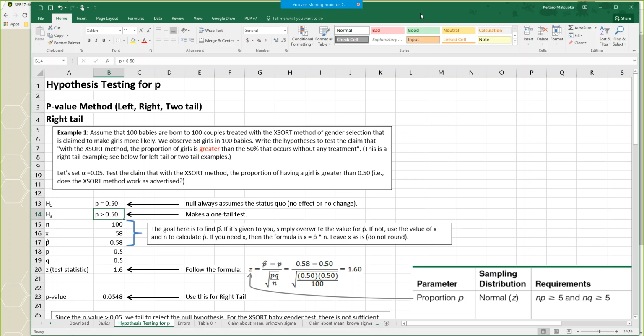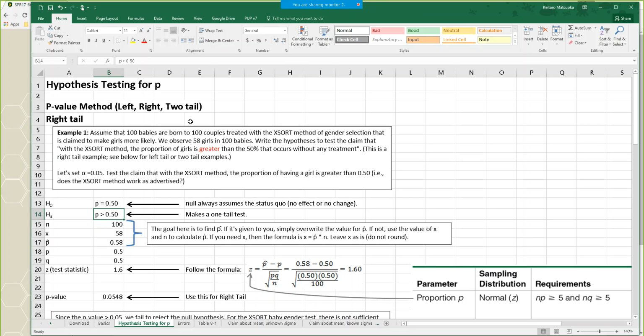In addition, this spreadsheet will cover the left tail scenario, right tail scenario, and two tail scenario. So your job is to find the right tab and then follow the right section for the right tail, left tail, and two tail. They're all separated. To begin, this one is a right tail example because it says greater than.